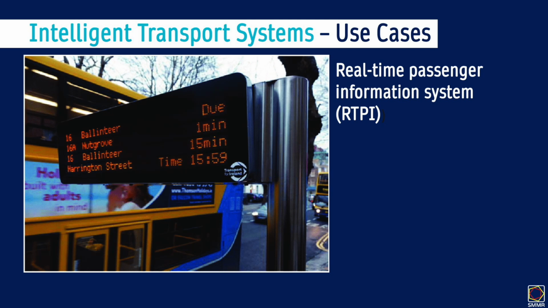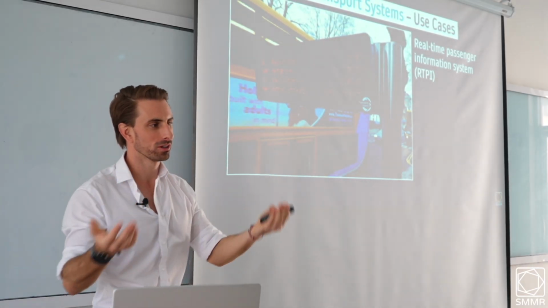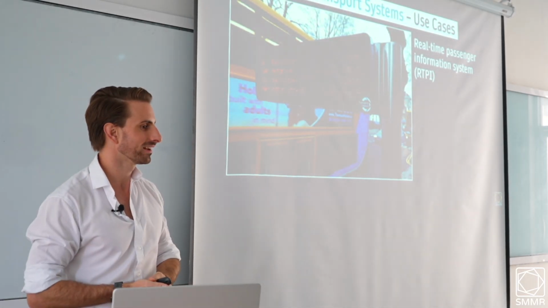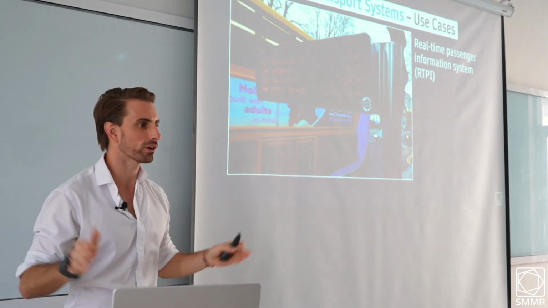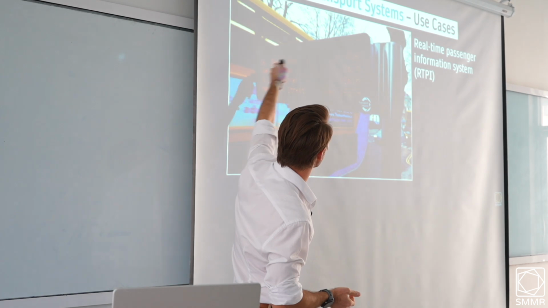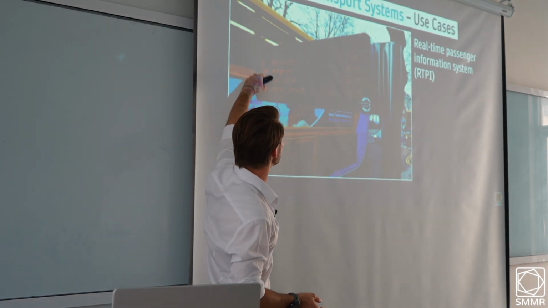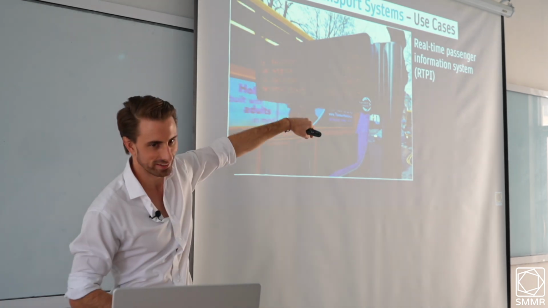But if you have real-time passenger information, you will know when the bus will come, because this system will know where the bus is and can roughly determine how long it will take to reach the bus stop, which is nice as a passenger because you know how long you need to wait. And if you know how long you need to wait, you don't get stressed, you don't wonder, is the bus coming or not? And that's made possible with RTPI, and it gets displayed on these variable message signs like this.